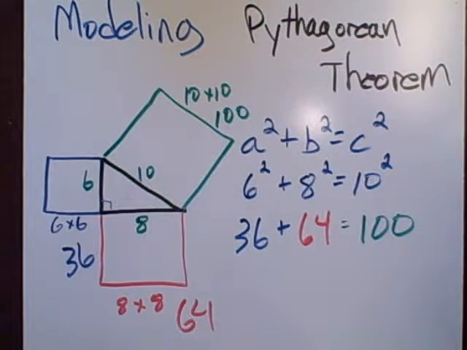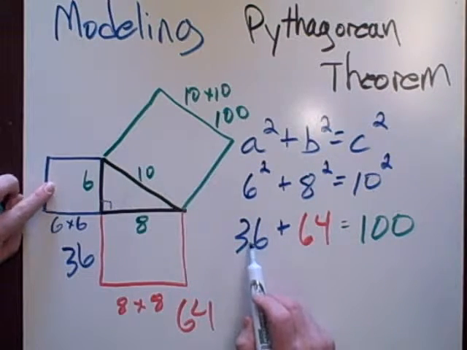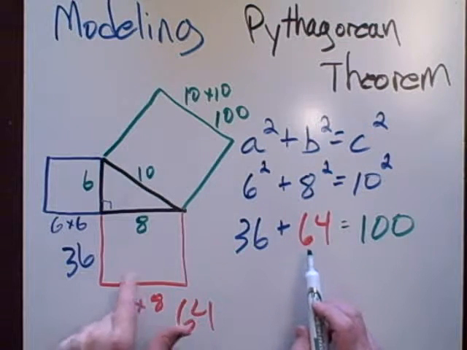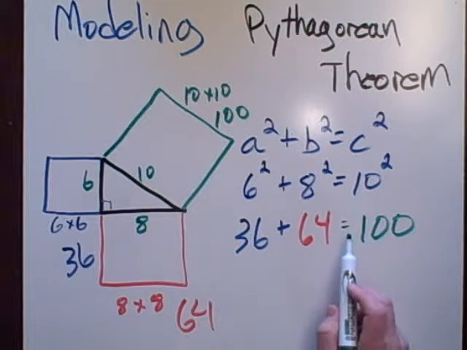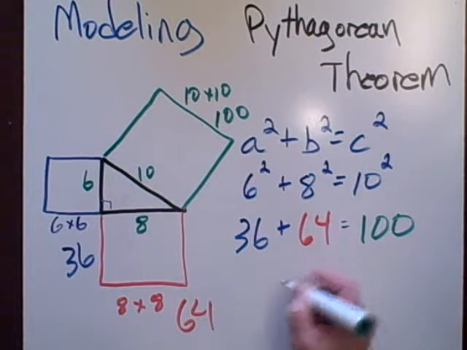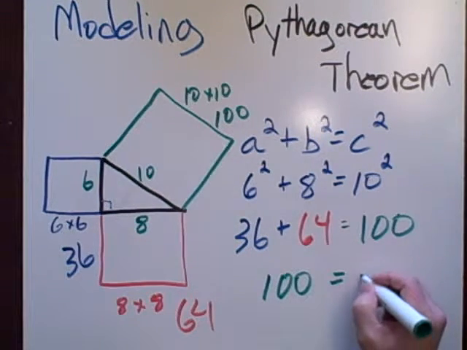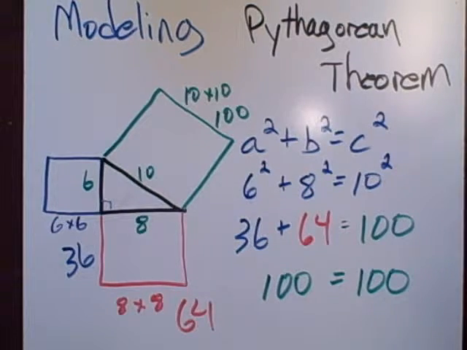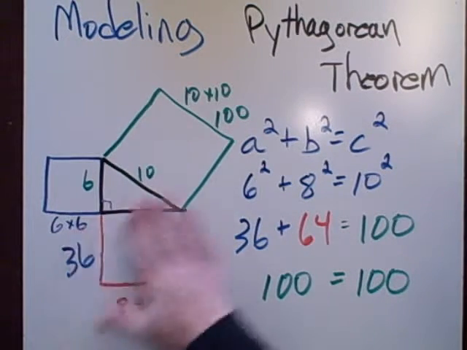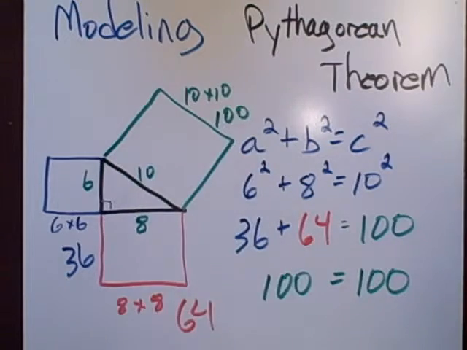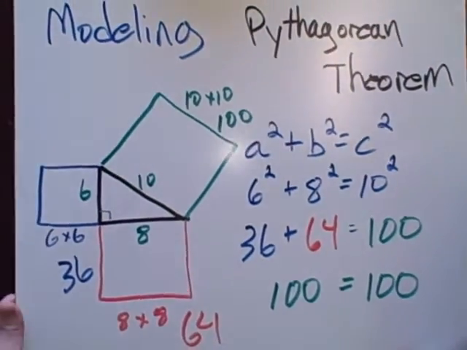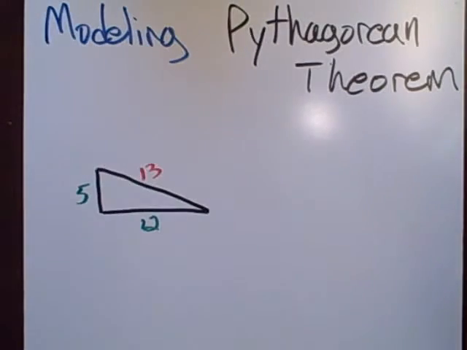So you can see that 36, or a squared, plus 64, or b squared, is equal to 100. 36 plus 64 is 100, and the left side of the equation says 100, and the right side of the equation says 100. So this is modeling the Pythagorean theorem. Again, right triangles, two legs, and a hypotenuse, square them all, and the two legs added together equals the diagonal.